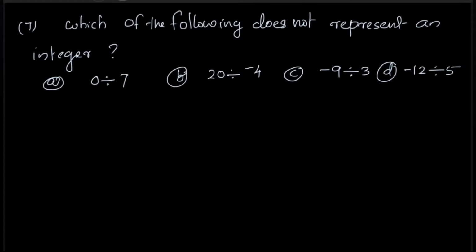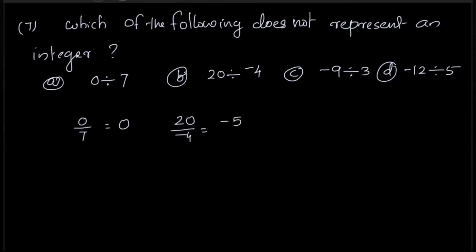In this option, 0 divided by 7 is 0 itself. I can write here 0 by 7 equal to 0. 20 by negative 4 equal to negative 5.